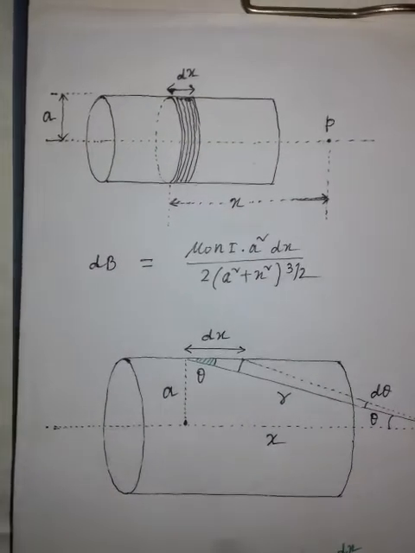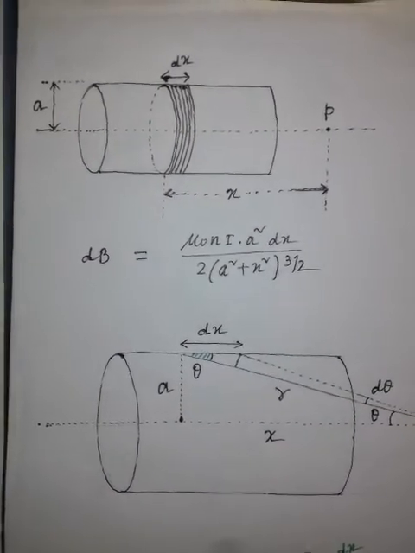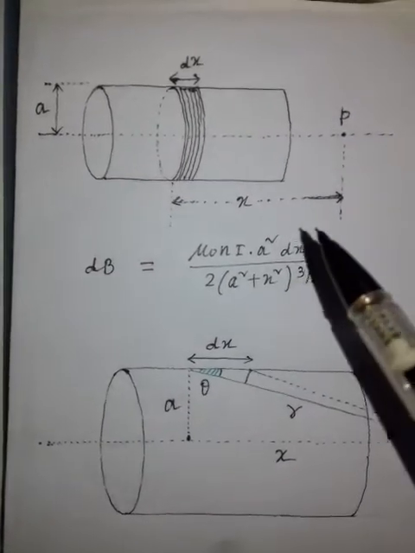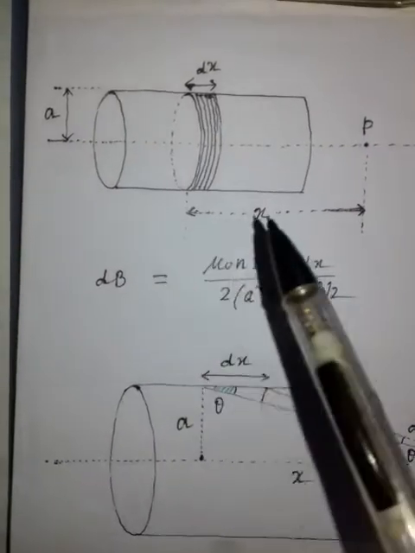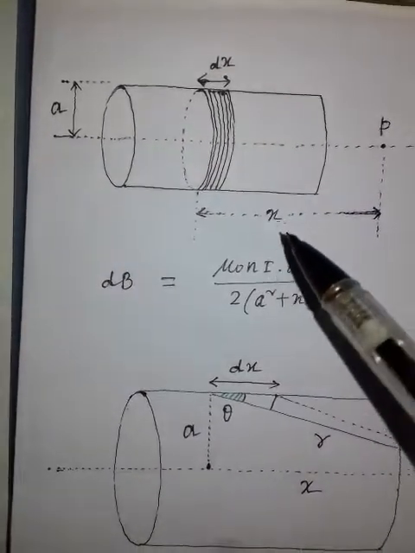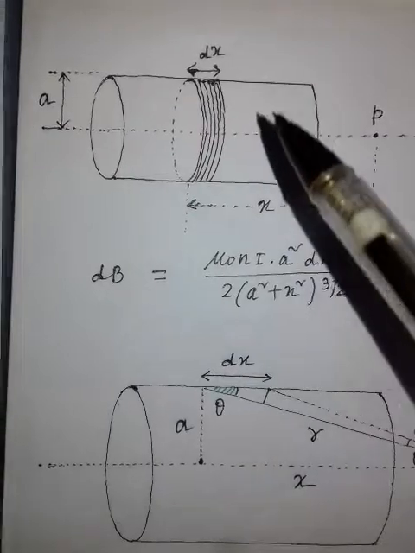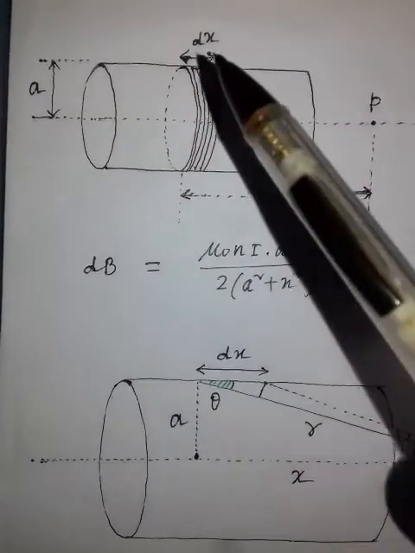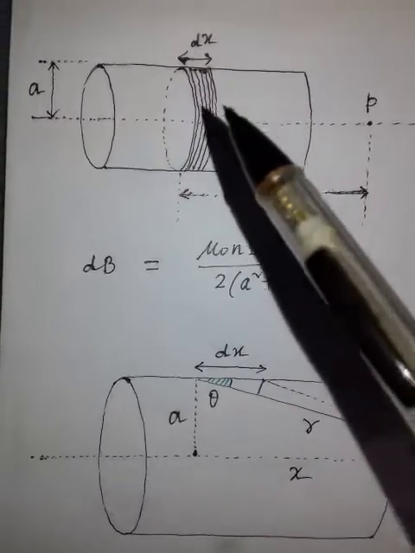Today's topic is solenoid and its magnetic field. Look at the figure. Here we have considered a solenoid of radius a and carrying current I and having n number of turns per unit length.